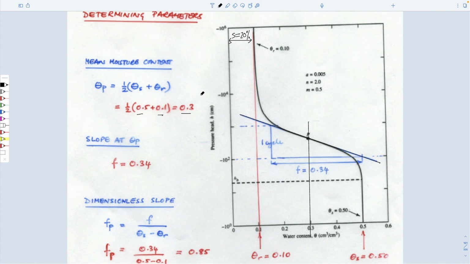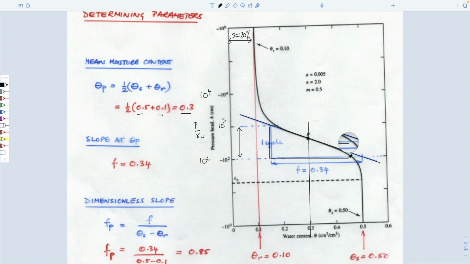So this is 10 to the 4, this is 10 to the 2, this is 10 to the 3 in terms of pressure divided by unit weight of water. So this is the same as head. And so 1 log cycle is this, which is this length here.